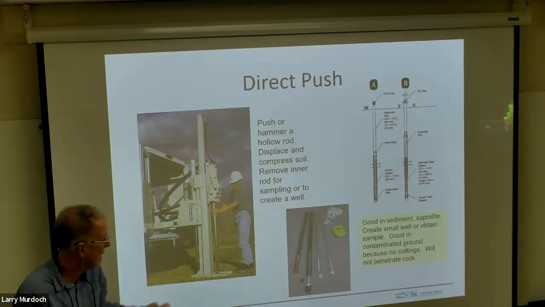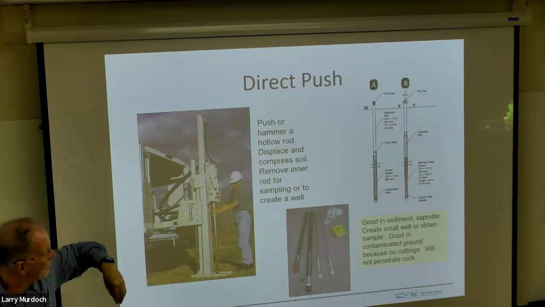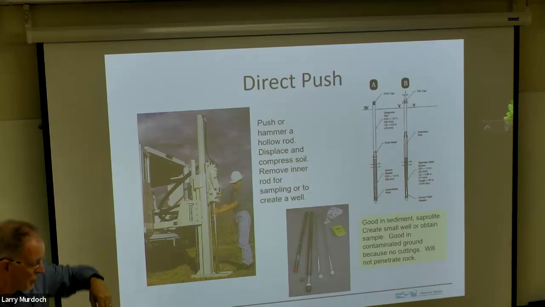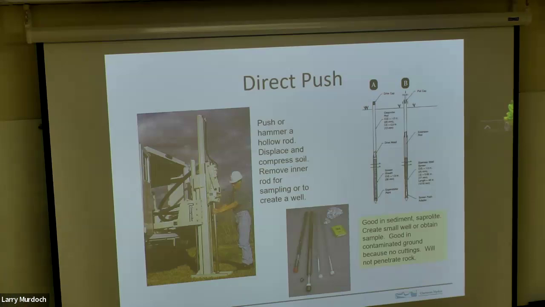So you can push this in, and it has a point on it. And as you push it in, it pushes the material that it's going through aside. So this is a bit of an exception to the process that I showed on the previous slide, because in this case, you're making a hole by displacing the material that's there, and you're not actually removing any material.